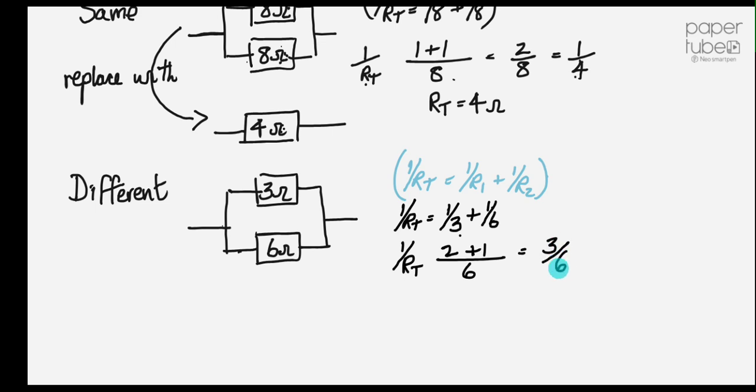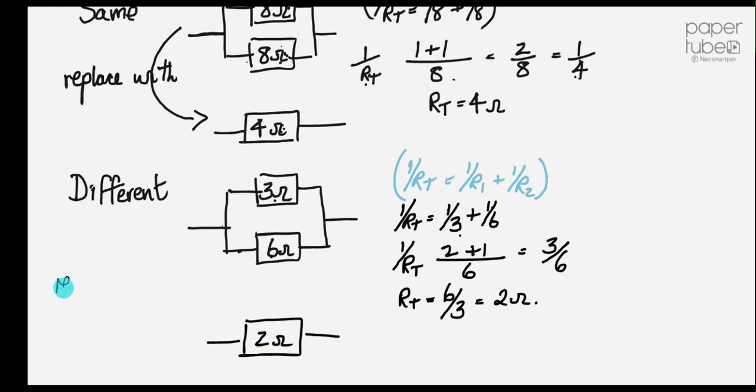Warning, warning. Let's have a look. So R total is 6 over 3, which is 2 ohms. So I can scrap this and put in one resistor of size 2 ohms.